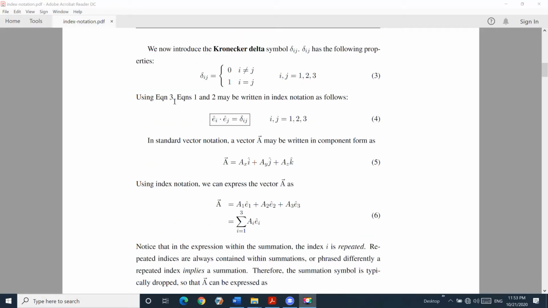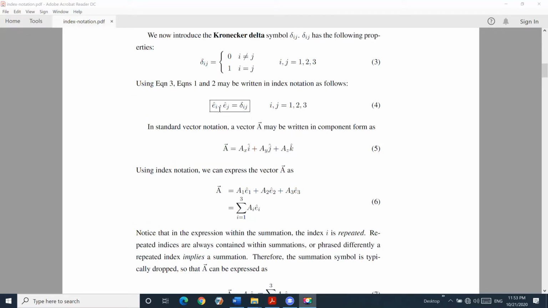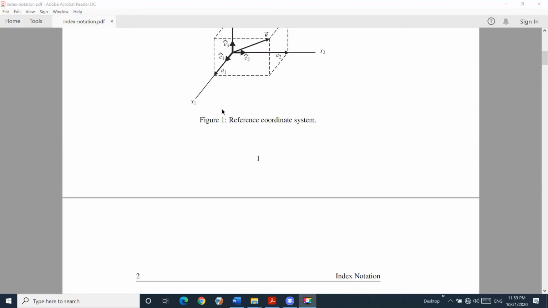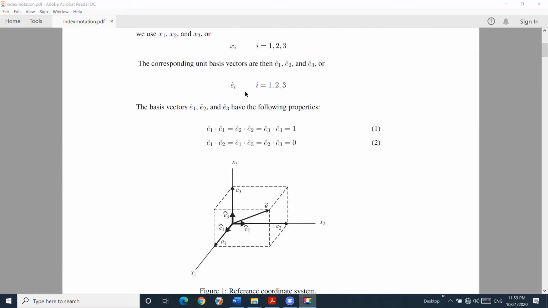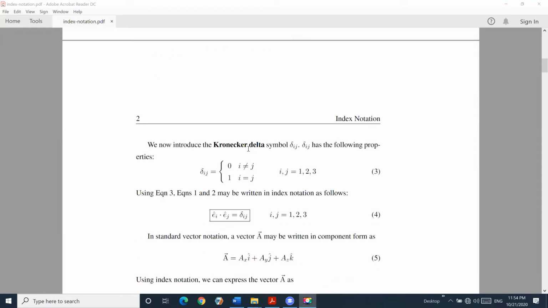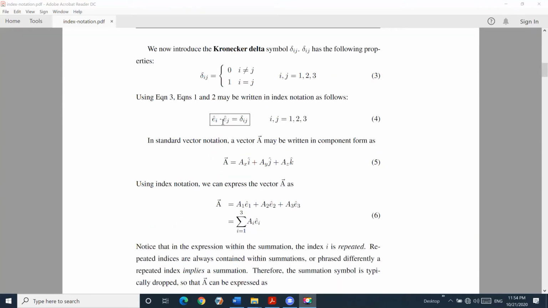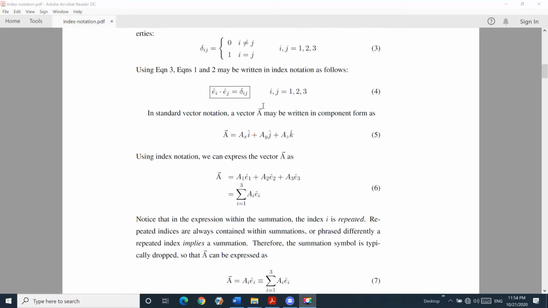So using equations 1, 2 and 3, we can write the index notation as follows: the dot product of the unit vectors ei and ej gives this symbol, delta ij, with i and j going 1, 2, 3.